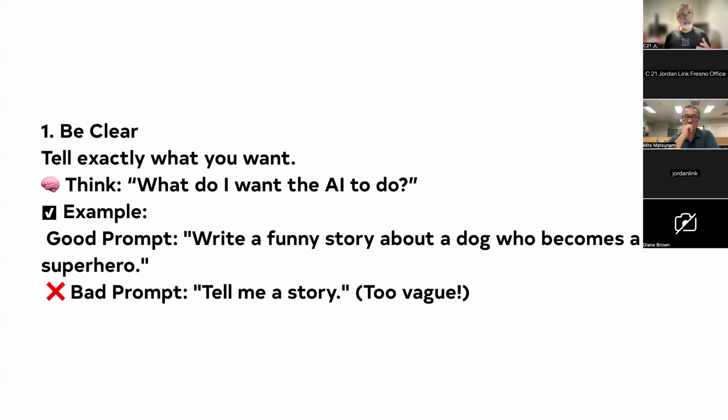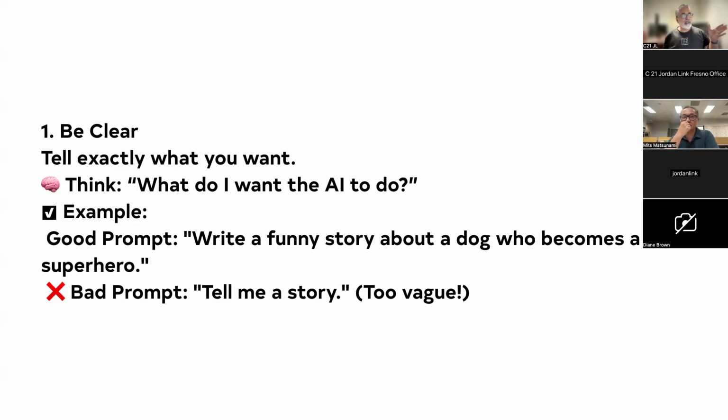I'm going to give you a bunch of examples and hopefully it will make sense. The first thing is you've got to be clear. It's a machine. It has no clue what you're asking. Every time you start a chat, it's like it's never had a conversation with anybody. It's a blank slate, so you have to be clear on what you are saying. Tell it exactly what you want.